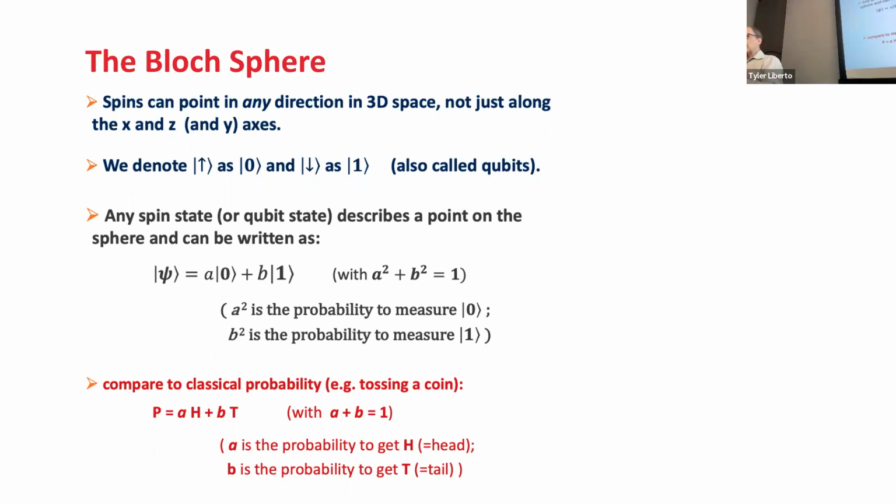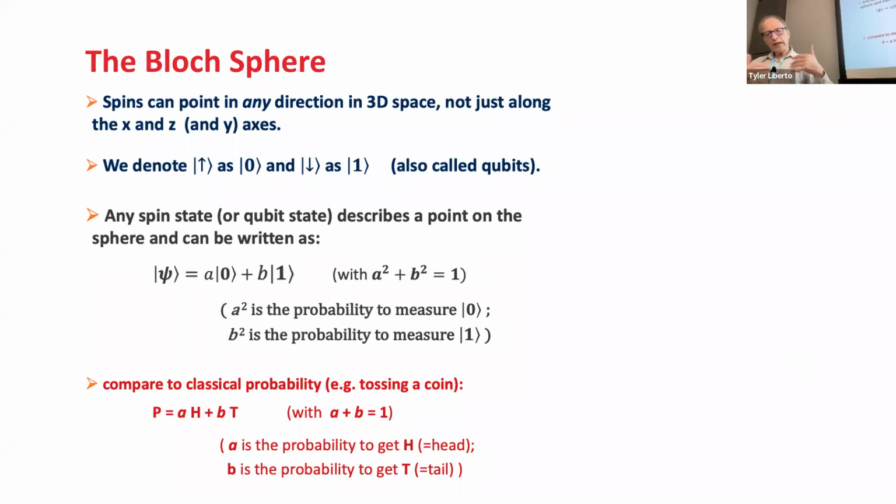Therefore, the tips of these vectors are all on a sphere. As I've written down, you can write that as a combination of A times the 0 ket, the up ket, plus B times the down ket or the 1 ket. And the normalization is A squared plus B squared is equal to 1. So A squared describes the probability to measure the 0 ket, and B squared is the probability to measure the 1 ket, the down ket.